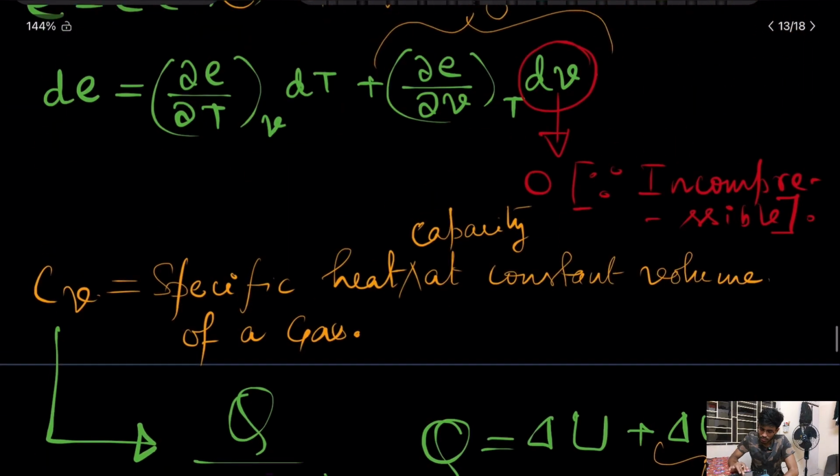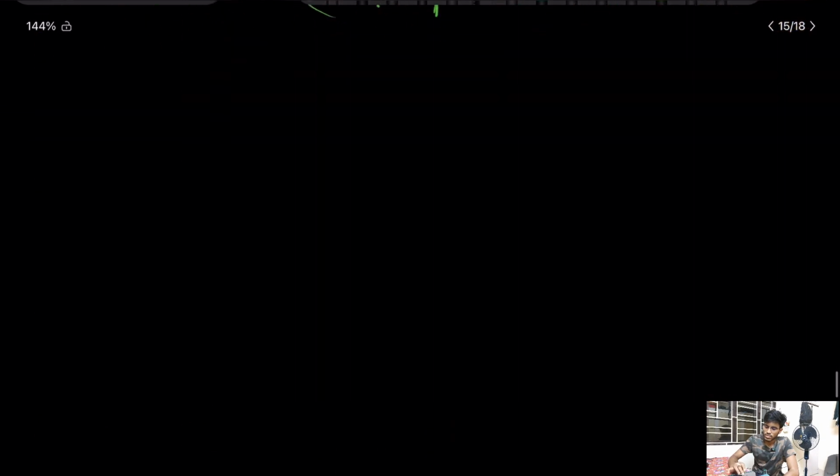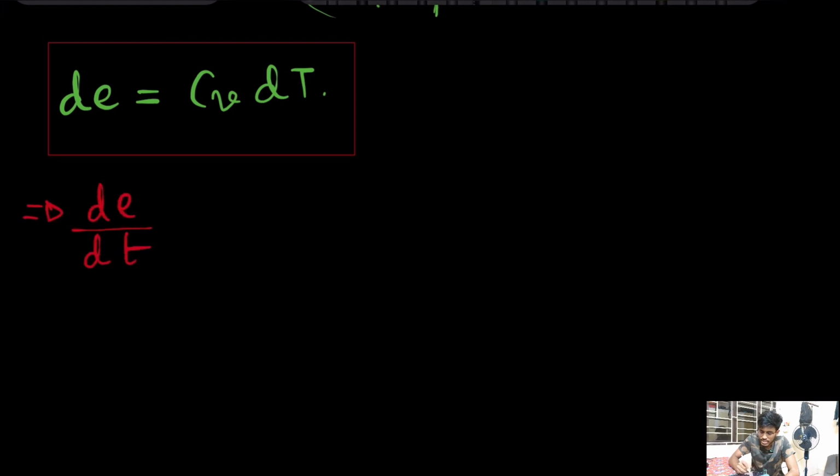But here, for the sake of generality, we will consider this to be Cv only. So my dE is Cv dT. So one of my jobs is done, because now I can write dE/dT is equal to Cv dT.